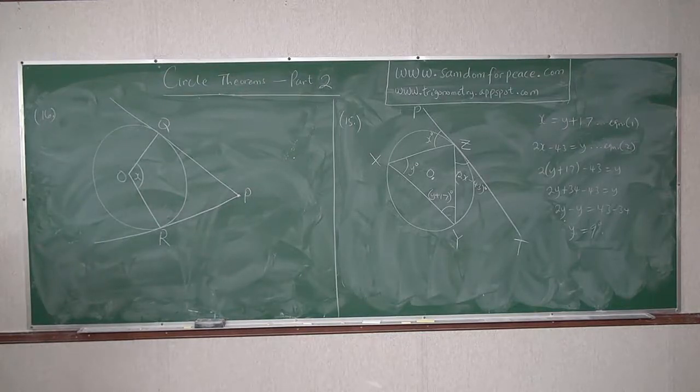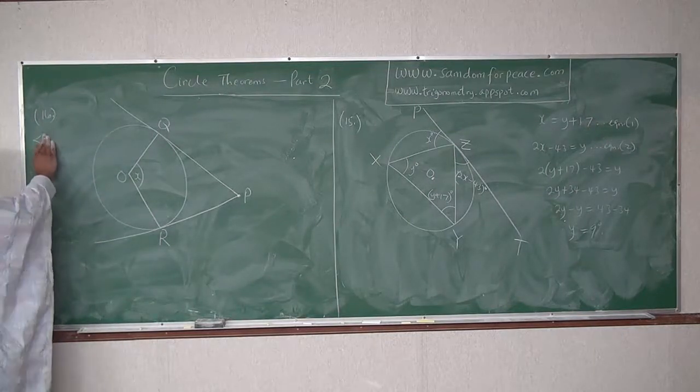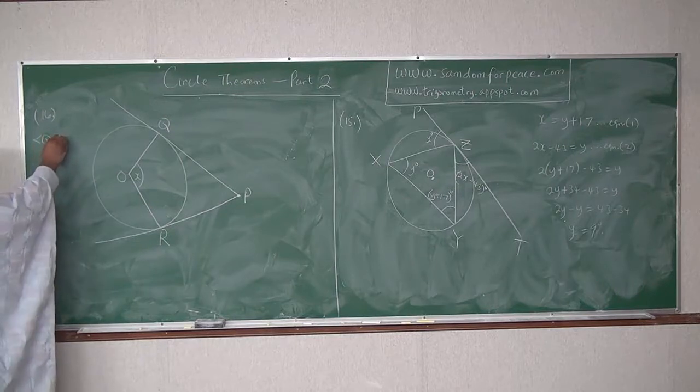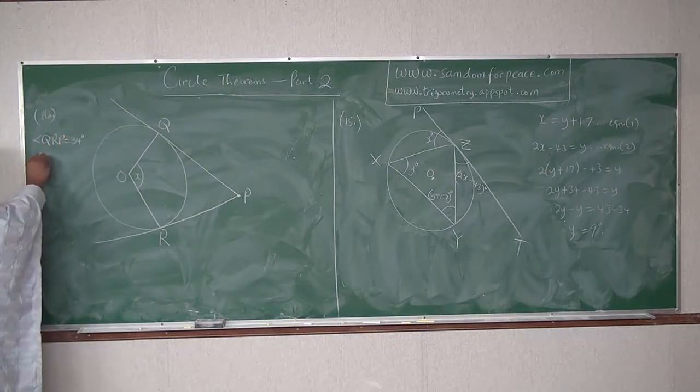As shown in the figure above, if QRP is 34 degrees, find the angle marked X.